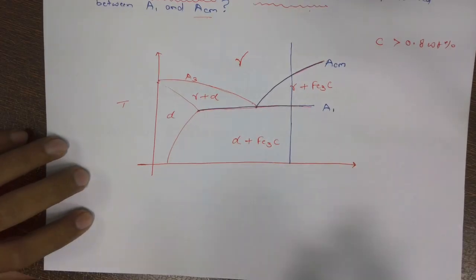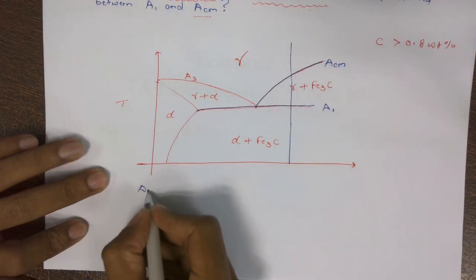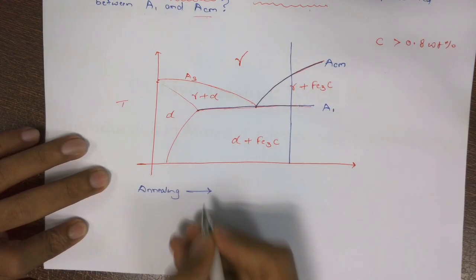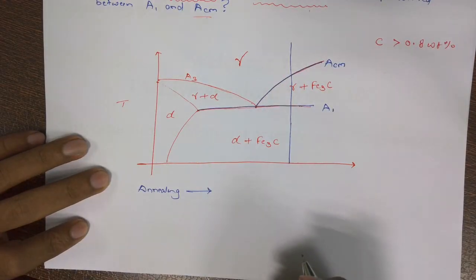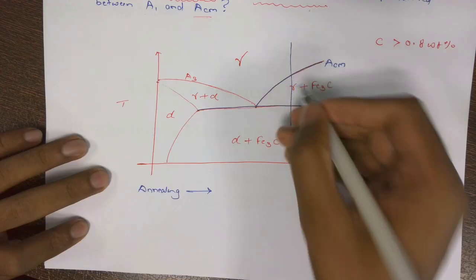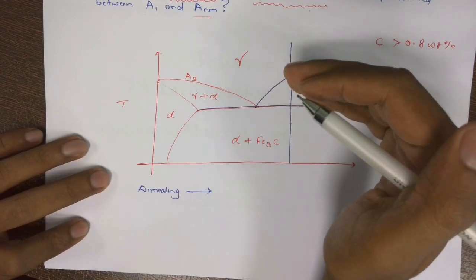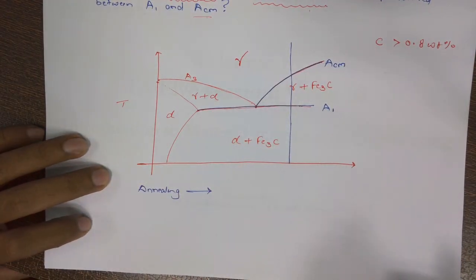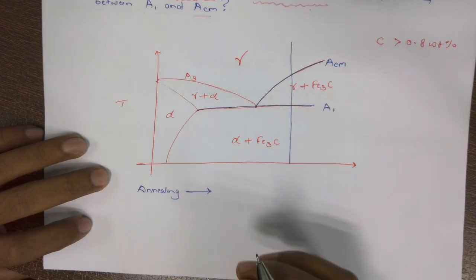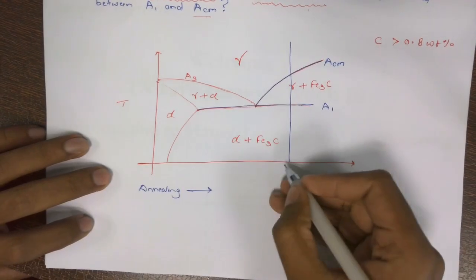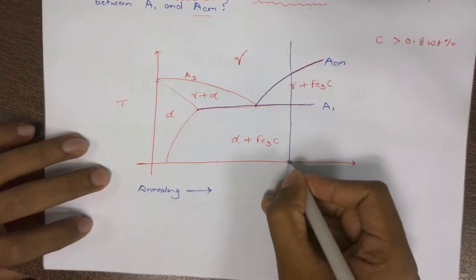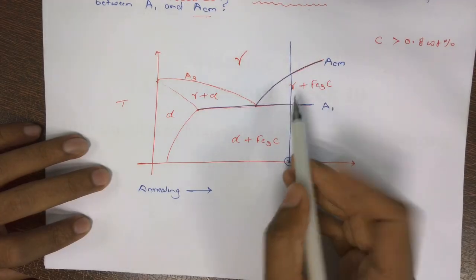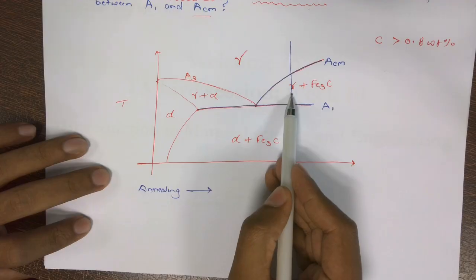Now what is a full annealing? Annealing is a heat treatment process where we are heating the sample, one can say, to reduce the stresses that were there before, and to form a new phase. Let's say currently I am at this particular temperature, I will heat it, I will anneal it, and then I will slowly cool it, a slow cooling process.